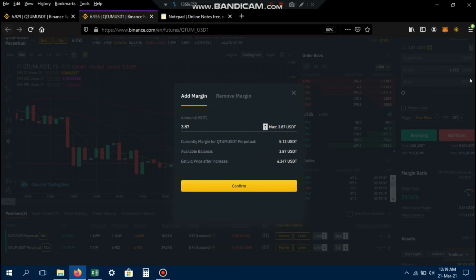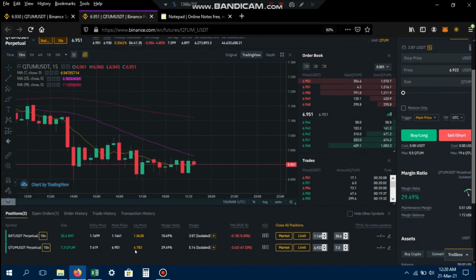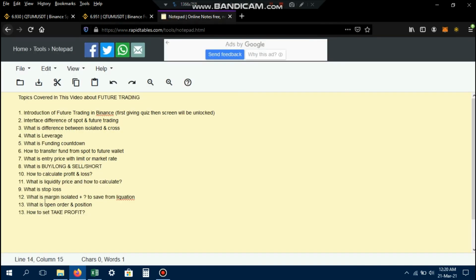So from stop loss you can come out of the trade with some USDT, but there is another way, and it's add margin. Whatever USDT you have, you can add over here, and through this your liquidity price will get lower. So this is margin isolated.